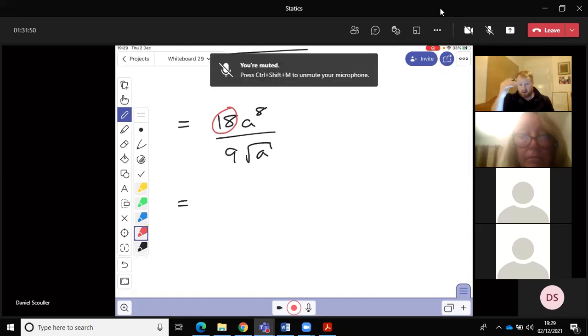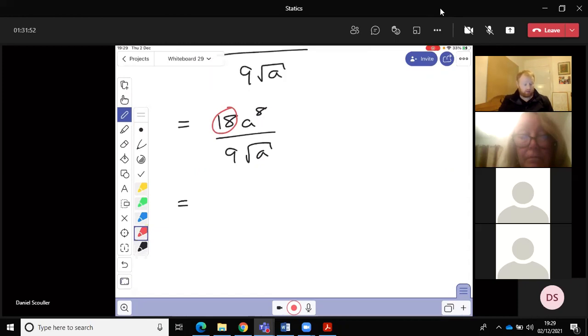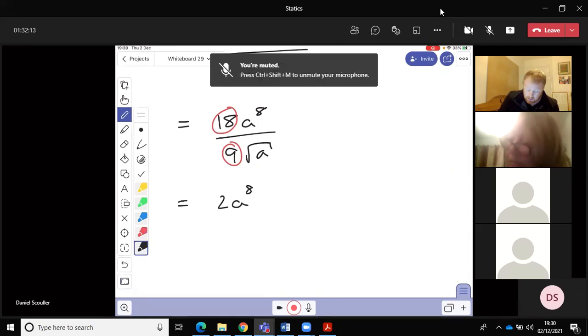We can cancel out some of the stuff there and make it look a wee bit easier for us. That 18 and that 9 are both in the 9 times table. 18 is 9 times 2, and 9 is obviously 9 times 1, so we can cancel some of that out, and we can simplify that down to 2a to the power of 8 over root a.